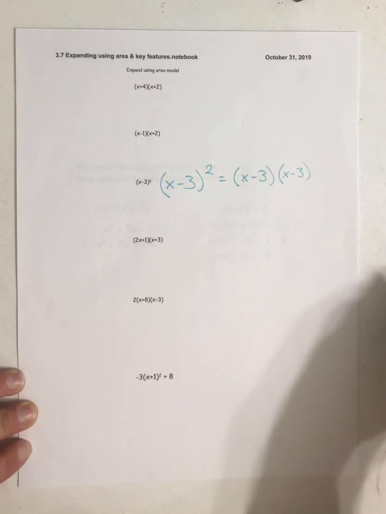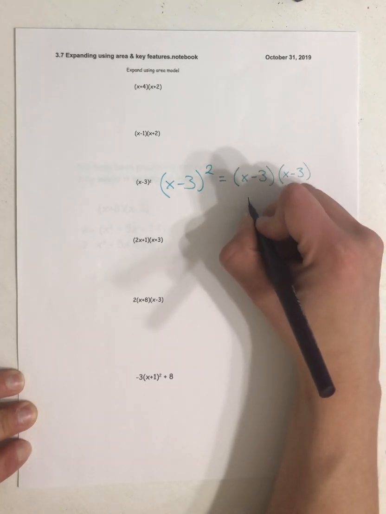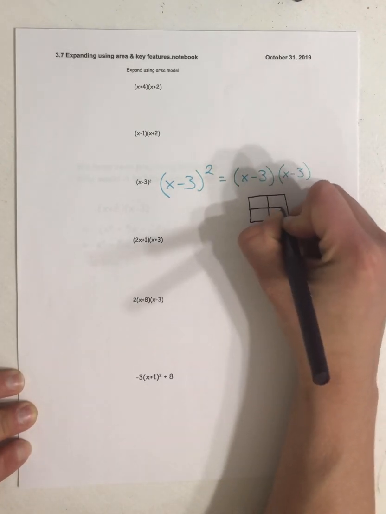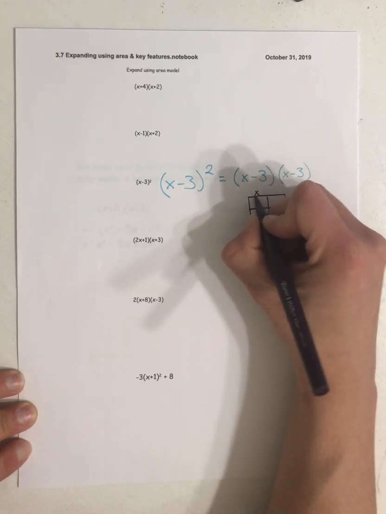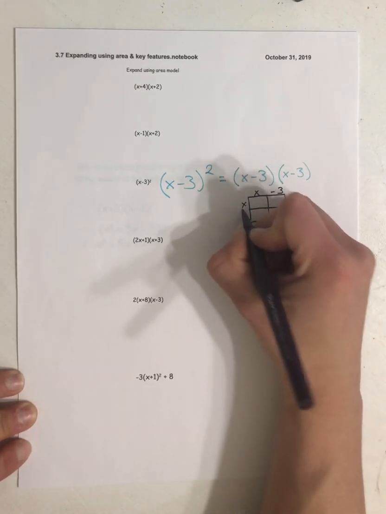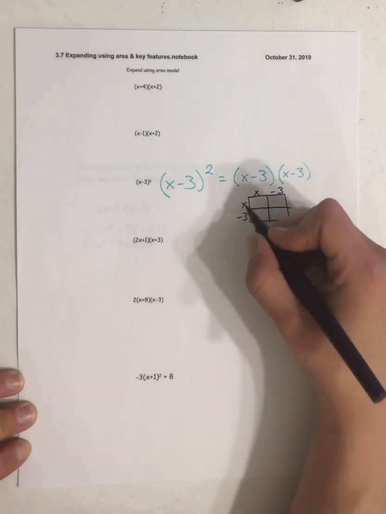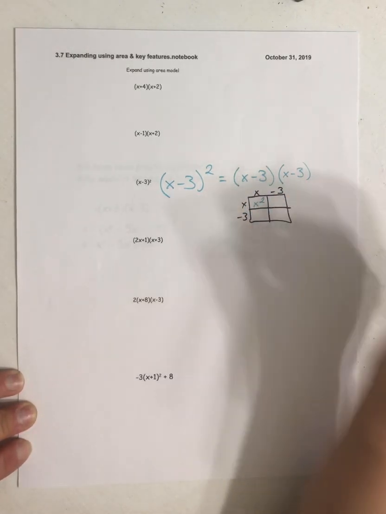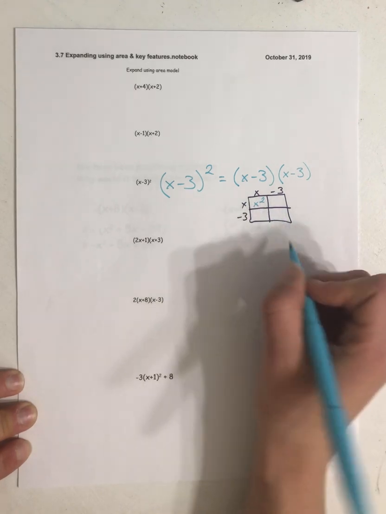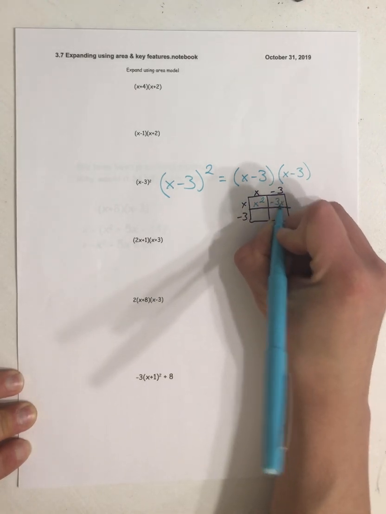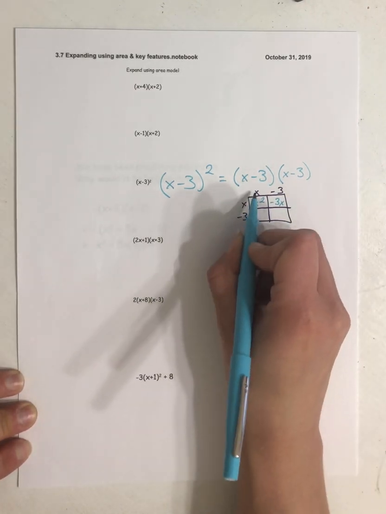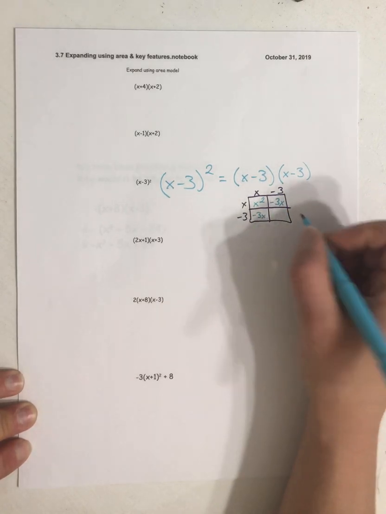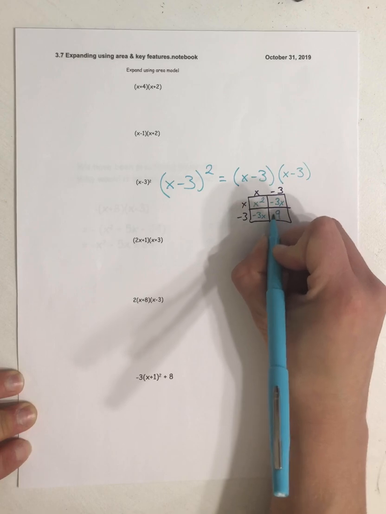So then we would go through the window method. And put our first one on the top, x minus 3. Second one down the side, and then we go through and we go x times x, which is x squared. X times negative 3, negative 3x. And same thing, x times negative 3 is negative 3x. Negative 3 times negative 3 is positive 9.